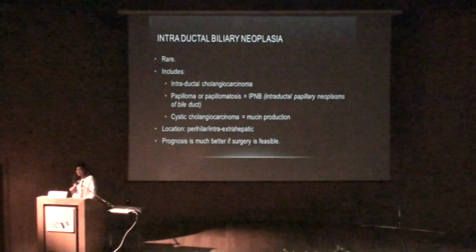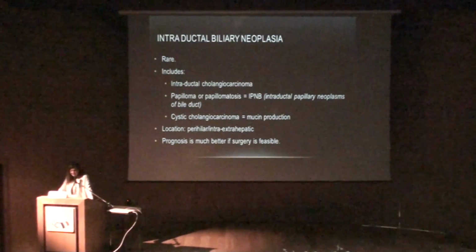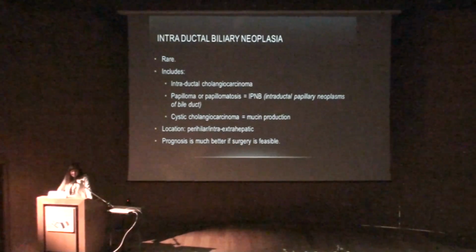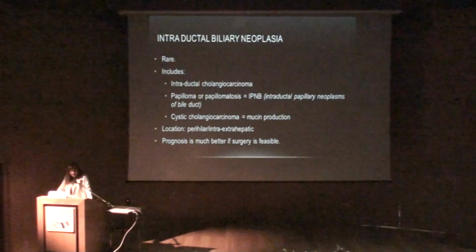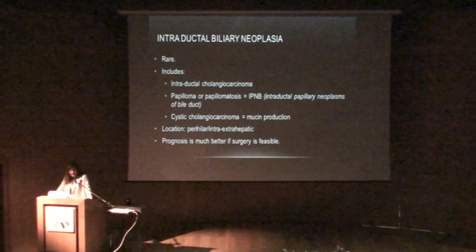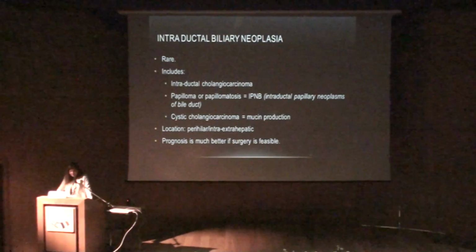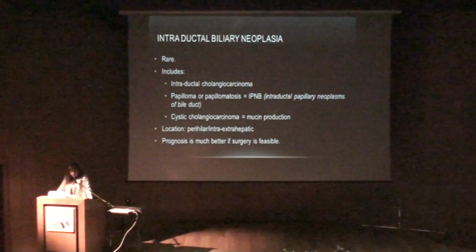I will now turn my talk to this last new classification of biliary neoplasia that we call intraductal biliary neoplasia, which are very rare, and that include the old intraductal cholangiocarcinoma, in addition to papilloma or papillomatosis, what we now call intraductal papillary neoplasm of bile duct.